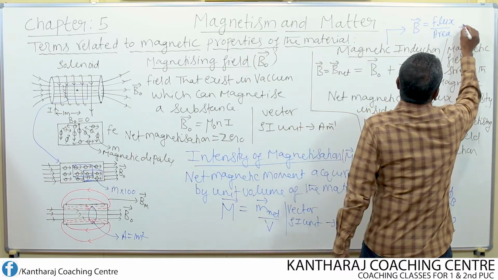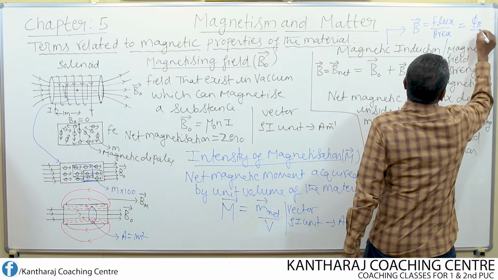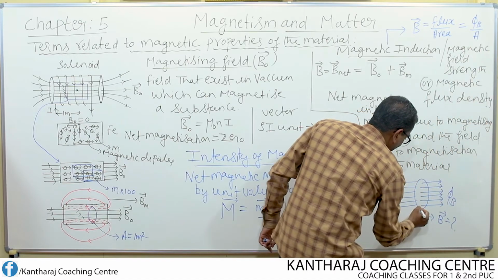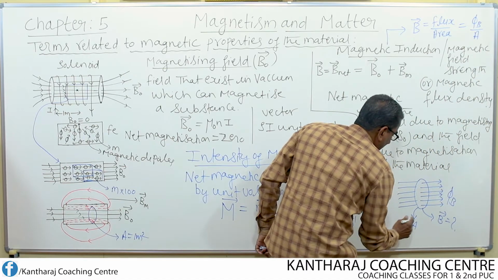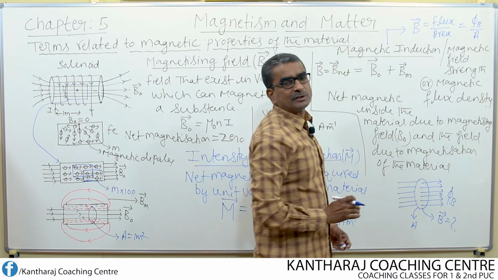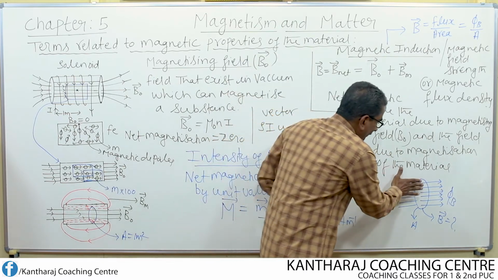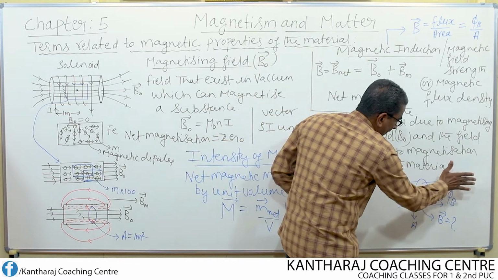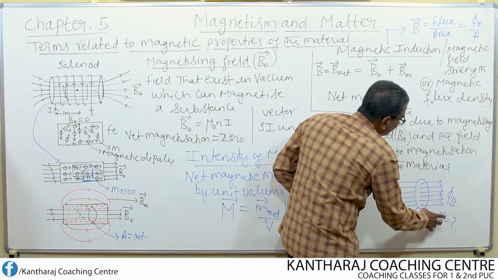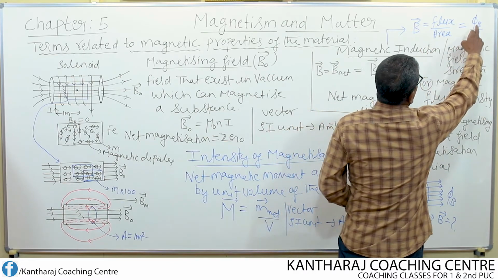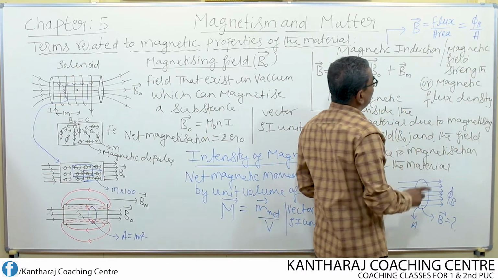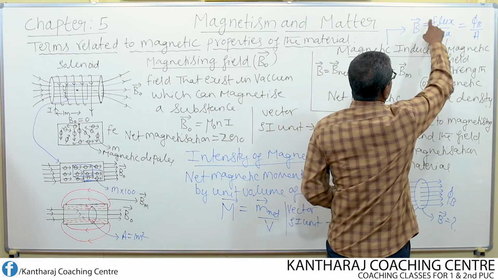It is given by phi b divided by A, where A is nothing but the area through which the magnetic lines of force are passing. Now the flux density through this area or the magnetic induction is given mathematically by phi b divided by A. Once again it is a vector quantity.